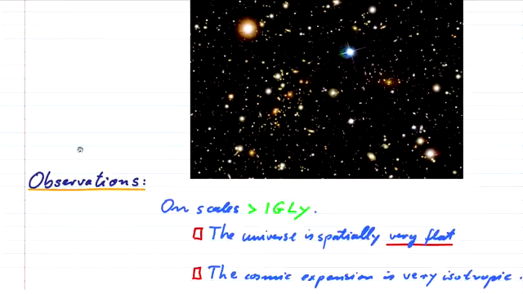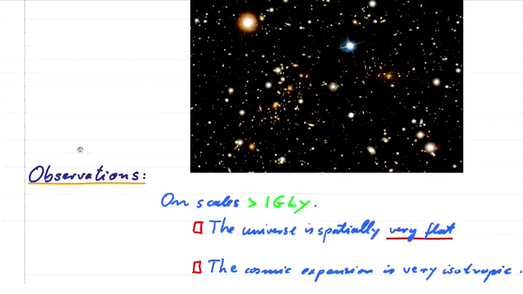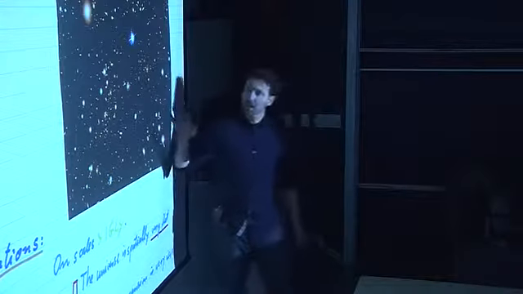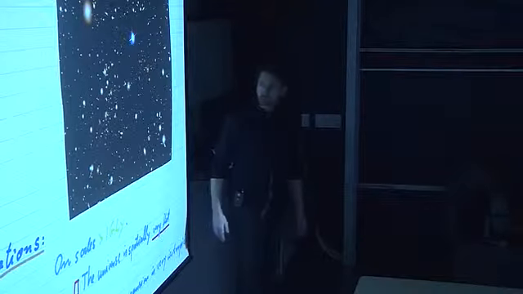And another observation that's independent of this one is that the cosmic expansion is also apparently, according to observations, very isotropic. So the universe is expanding all right, but it's expanding in each direction at the same rate, and has been expanding in each direction at the same rate. Remember that we see back into the past as we look very far away, so we actually also have evidence about the time evolution of the isotropy.